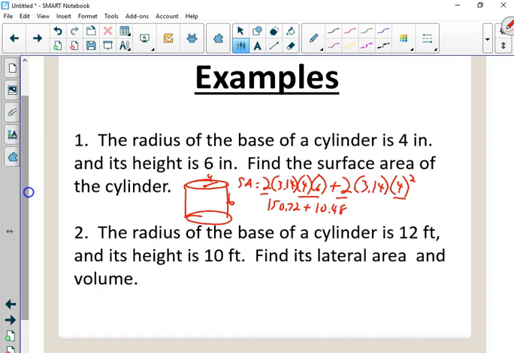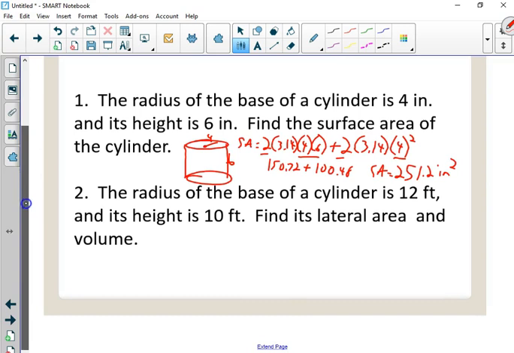So the surface area is the total of those two. So the surface area again is 100.48 plus 150.72. That's 251.2 square inches. That's how much it would take to cover the entire shape in wrapping paper.